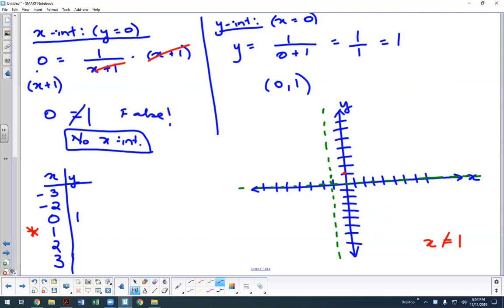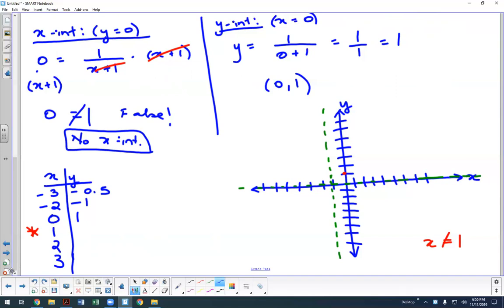So that way you're not running into errors, and that would end up becoming 1 divided by -3 plus 1, which is of course -1/2. This one should give us just -1.